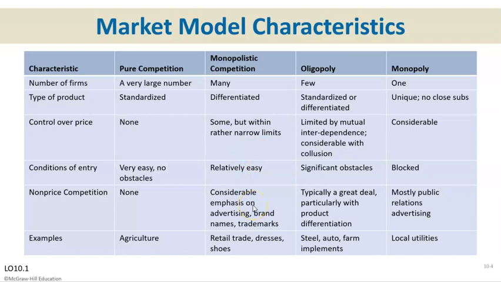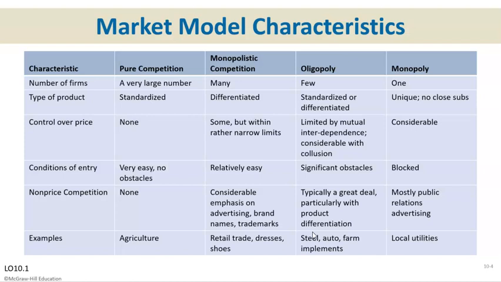And now we're going to see some other competition besides just price. So there'll be some advertising, some brand names, and some trademarks, and many firms are going to fall into this category of monopolistic competition. So retail, dresses, shoes, where you have many firms and their product they're selling is just a little bit different. If you think about the options that you have as a buyer for shoes, there's lots of different types of shoes that you can buy from many different sellers.